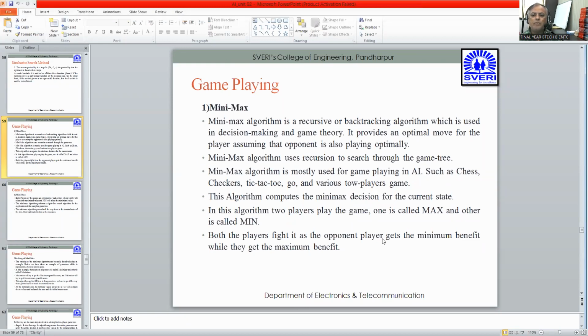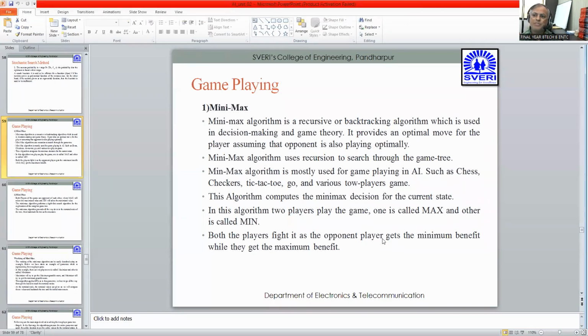The algorithm computes the minimax decision for the current state. In this algorithm, two players play the game: one is called max and the other is called min. Why is the algorithm named minimax? Because the game is related to two players.